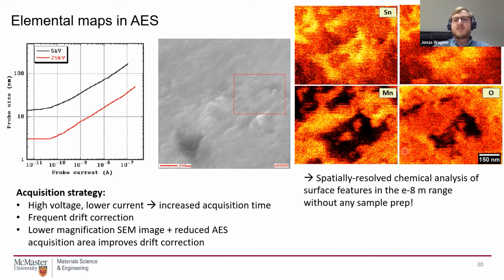I think we should take a second here and really give kudos to Auger, because we are mapping something that is only a few nanometers, potentially even thinner, at the surface, with a lateral resolution of tens of nanometers, with zero sample prep, no FIB necessary. So I think it just demonstrates how useful Auger can be.